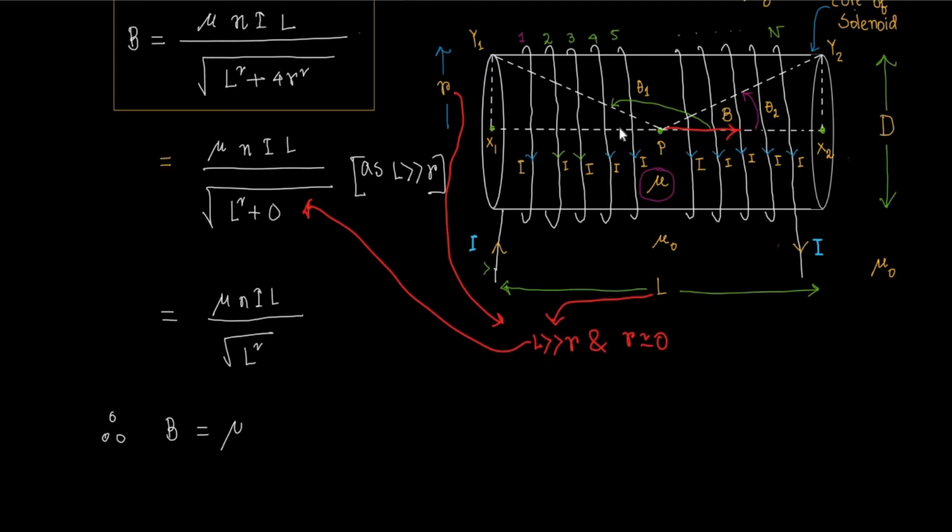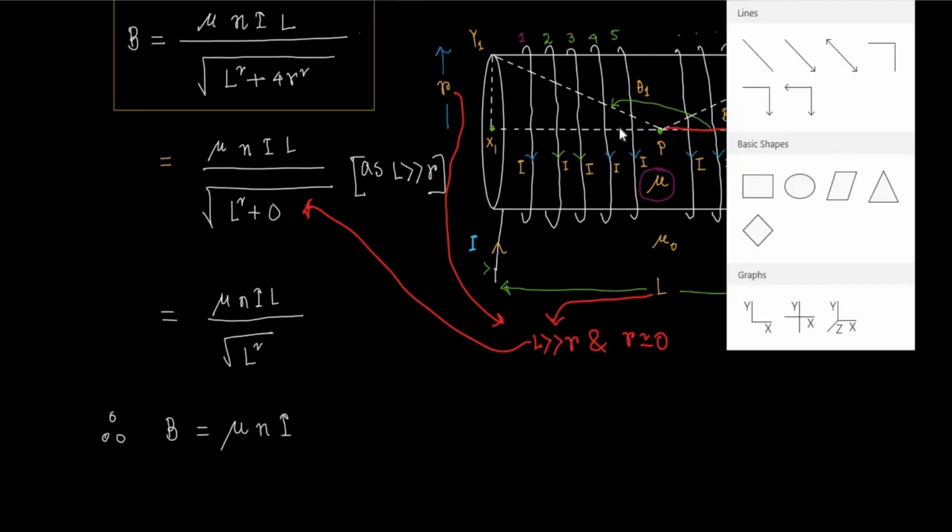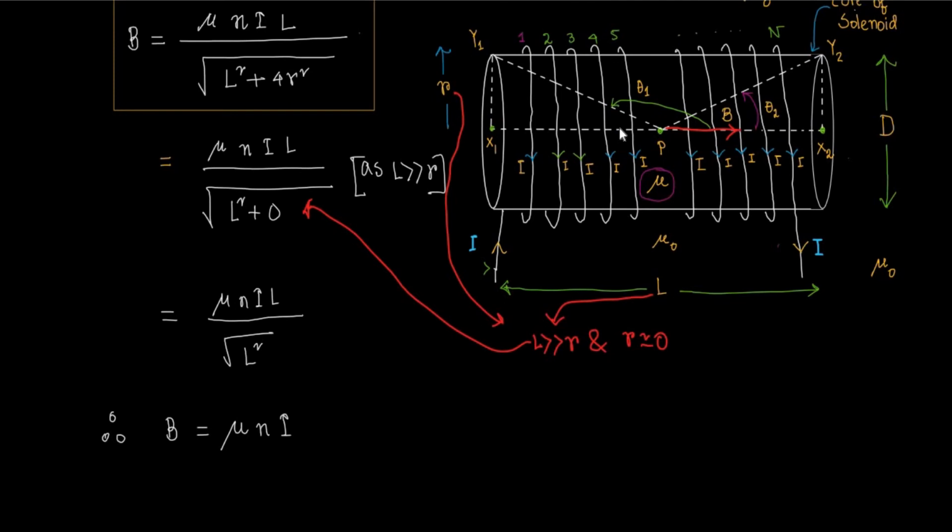Therefore, B is equal to mu ni. That is the magnetic field induction at a point on the axis of a very long solenoid. That is the expression of magnetic flux density at a point on the axis of a very long solenoid.